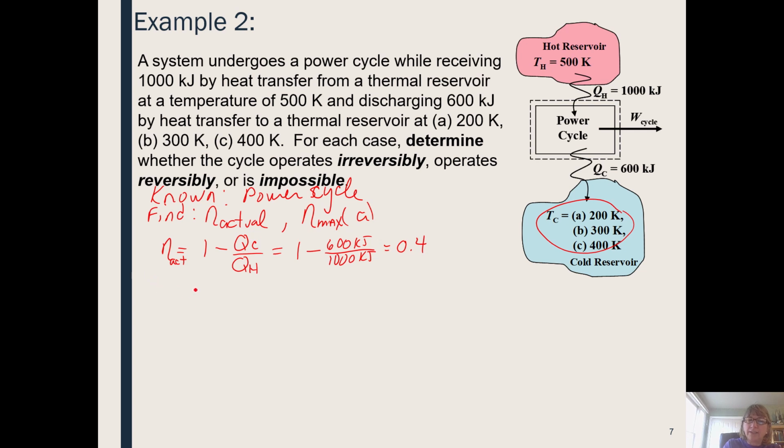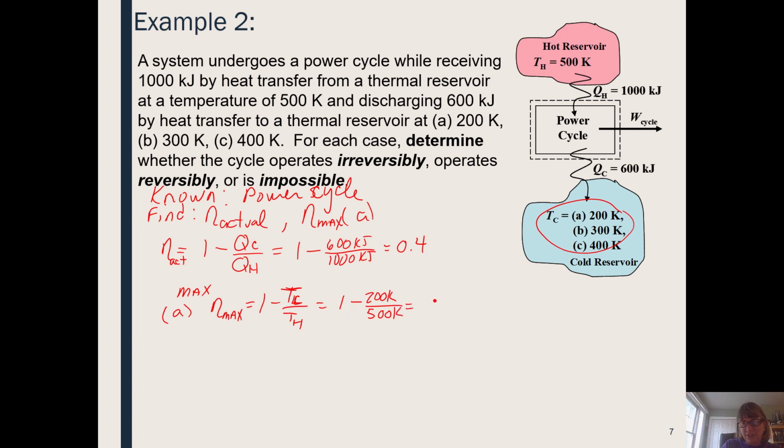Now let's look at each one of these cases, A, B, and C, for our max. The max is going to be 1 minus TL over TH, low over high. So in the first case, let's look at A. We have 1 minus, and our low temperature is 200 Kelvin and 500 Kelvin.